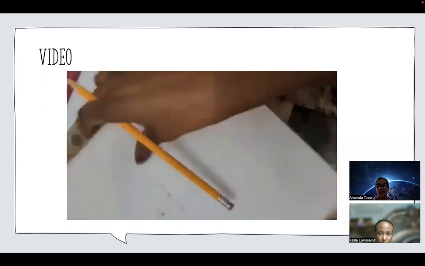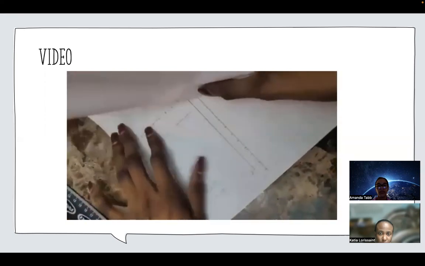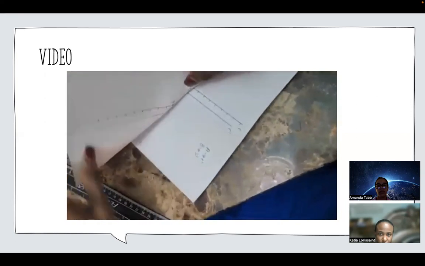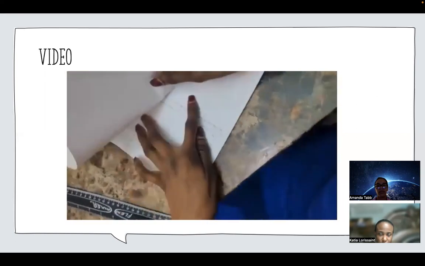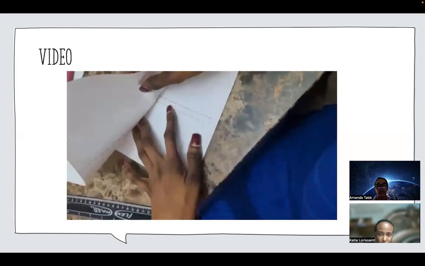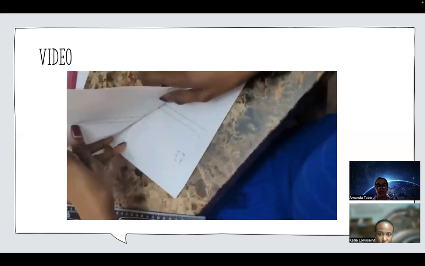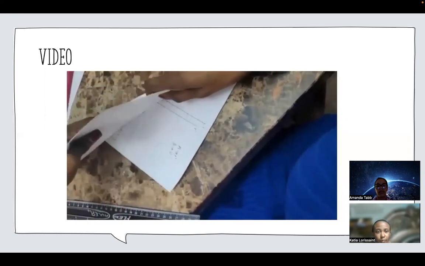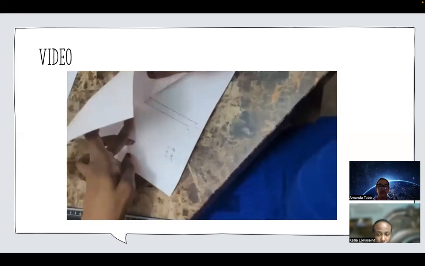So let's fold it, and it's not gonna be perfect the first time, but there's nothing wrong with trying. We need to make sure A falls on R prime and B falls on S prime. Let's move it a little bit. It's almost there. B is almost there, so I just need to adjust it a little bit more.